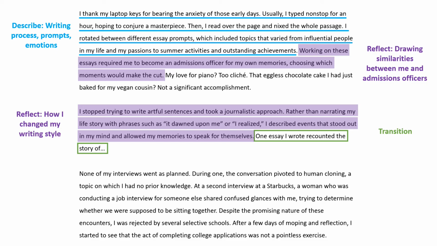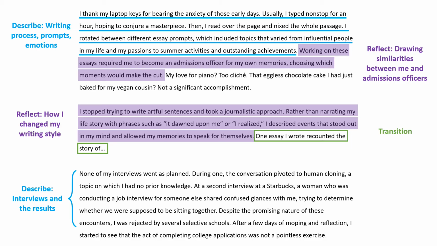In this section, I'm describing the interview process and the results of those interviews. Notice how I am trying to incorporate some humor by talking about cloning and a confusing encounter with someone at a Starbucks. This keeps my mood light. I may have been stressed during my college application process, but I don't want to stress out the person reading this reflective essay.